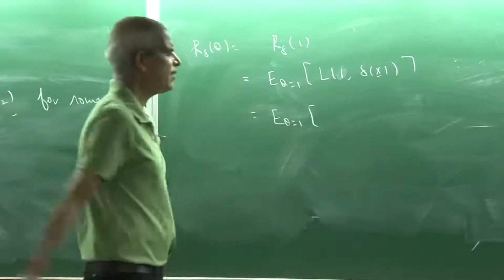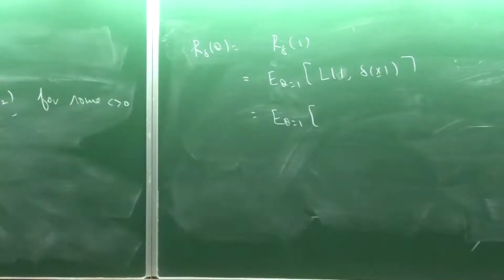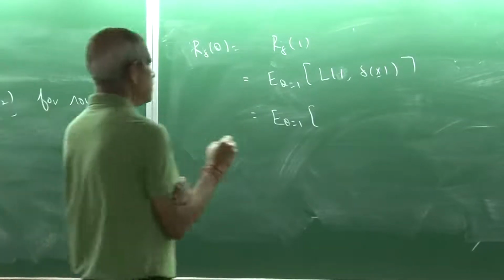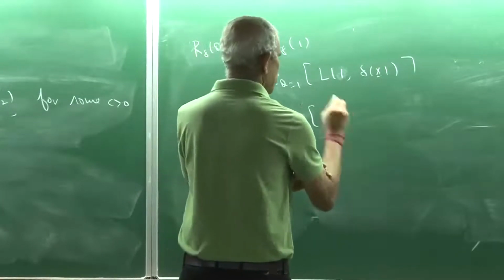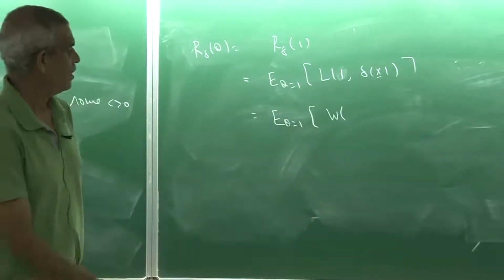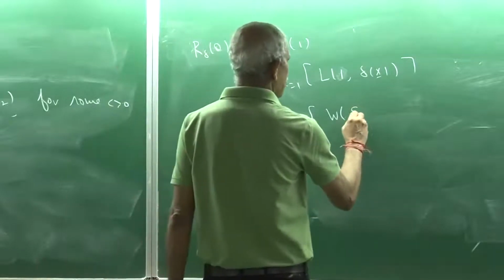But my loss function is nothing but W of A by theta to power B. So it is same as W of delta of x.